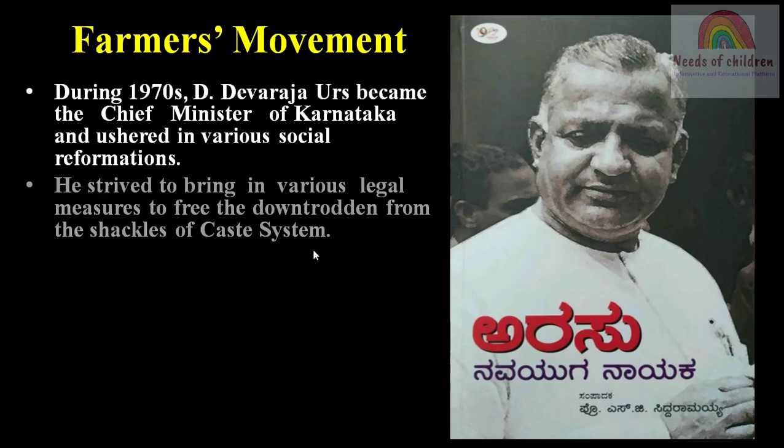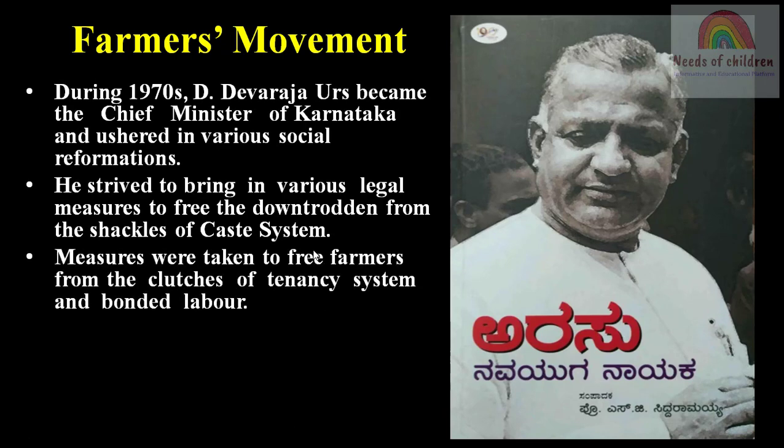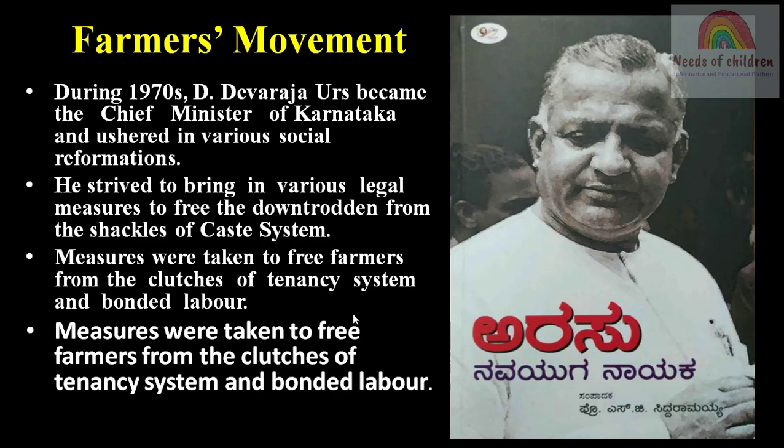Among that, during the 1970s, Devaraj Urs became the Chief Minister of Karnataka and urged various social reformations. He strived to bring in various legal measures to free the downtrodden from the shackles of the caste system.